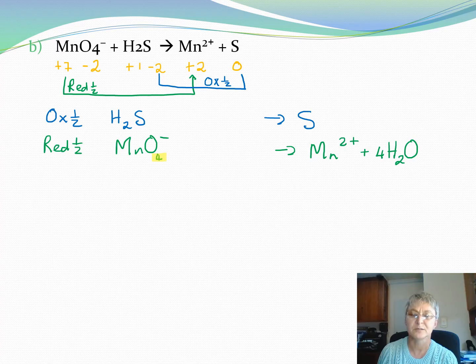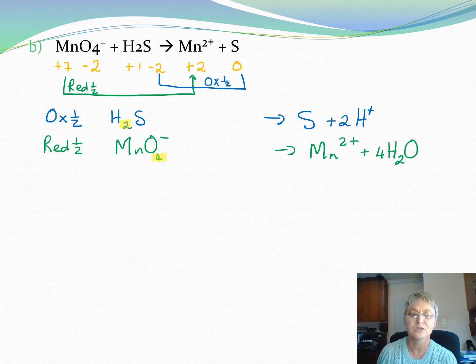The next step is to balance the hydrogens. So we've got 2 hydrogens on the reactant side of the oxidation half reaction, so we balance that by adding 2 hydrogen ions on the product side.